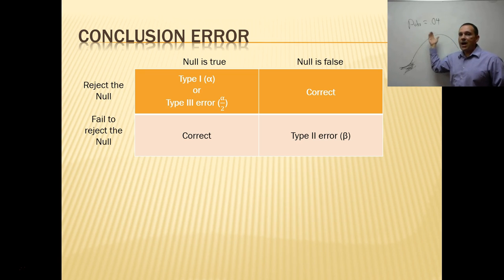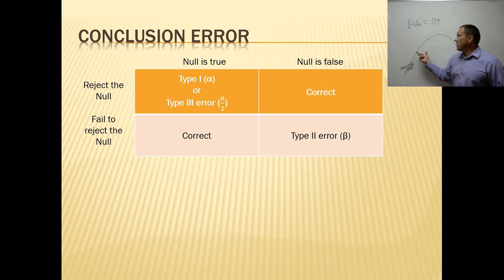So if I get a score of 98, what's the probability that I am wrong about rejecting the null? In the long run, 4% of the time I'm going to get that score. So we would say that my type 1 error rate is equal to this 4% because 4% of the time I'm going to get this value.